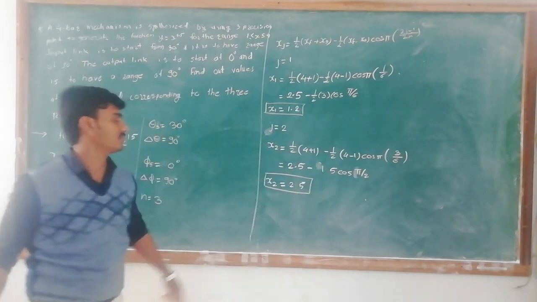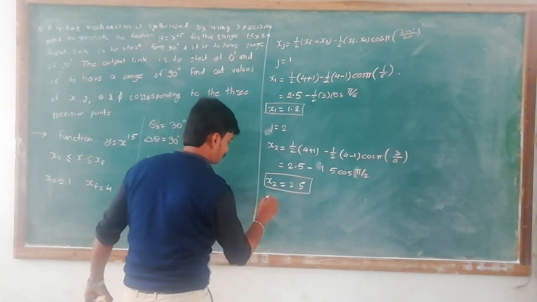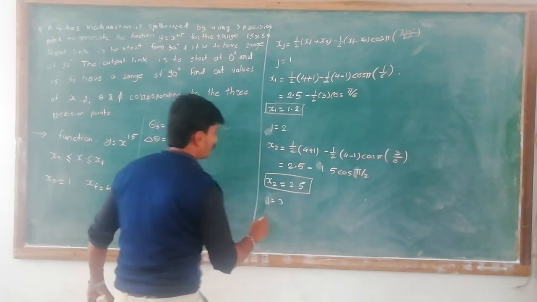Okay, x2 is equal to 2.5. Now x3, put j is equal to 3.